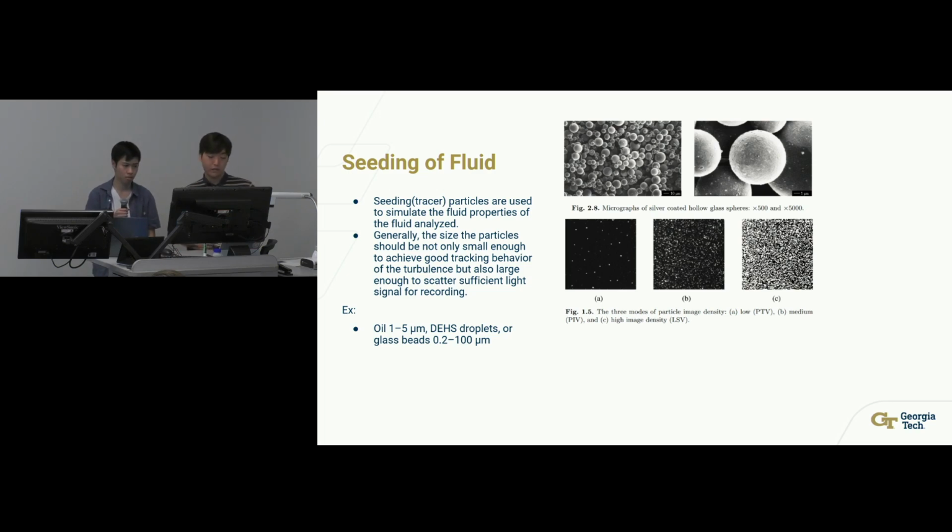Some examples include oil droplets, which are typically used for gases where diameters are between 1 to 5 microns, and glass beads or DEHS droplets for liquids. On the right, it shows some examples of what the particles will look like. And the optimum density, where on the left you can see too little won't be enough to create an effective analysis, but too much would result in image overlap.